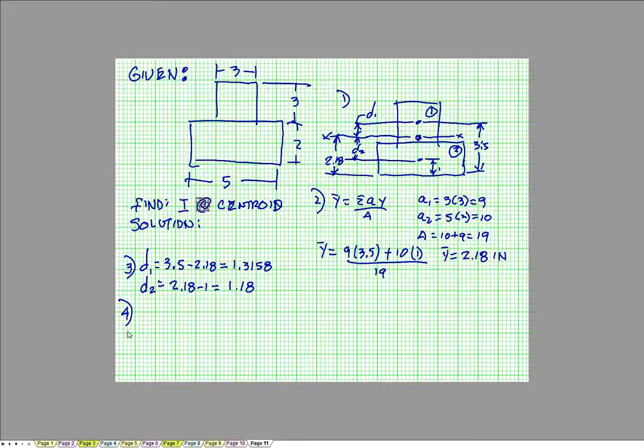Step number 4: moments of inertia for the individuals. So shape number 1 is base times height cubed over 12. The base is 3. The height is 3. Cube that, divided by 12, and that equals 6.75 inches to the 4th.